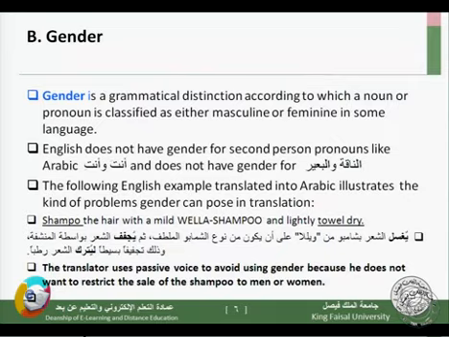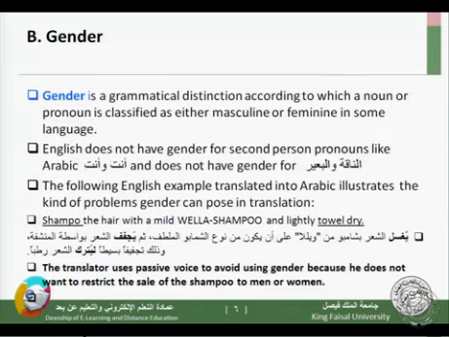You notice that even in Arabic he avoided using the gender. Why? Because he doesn't want to exclude men from buying this shampoo. Because if he translated اغسلي شعرك or اغسل شعرك, you can tell right away that this shampoo is mainly addressed to men, or mainly addressed to women.